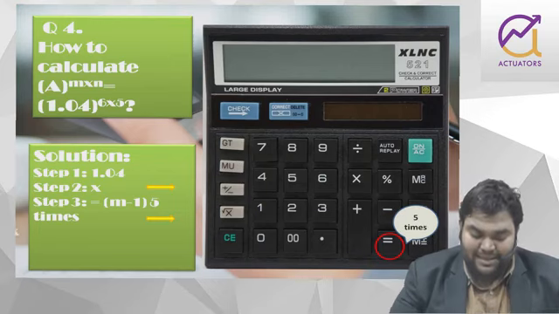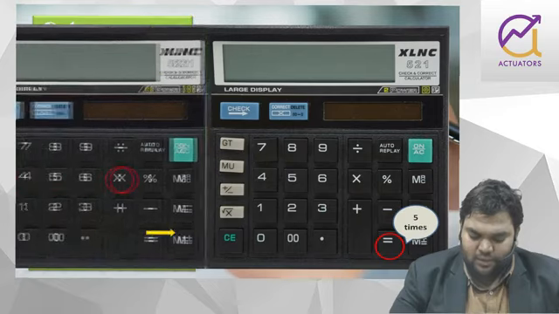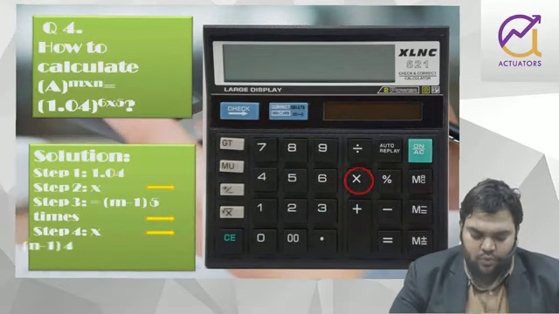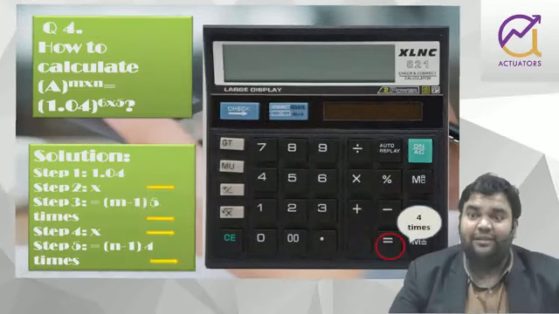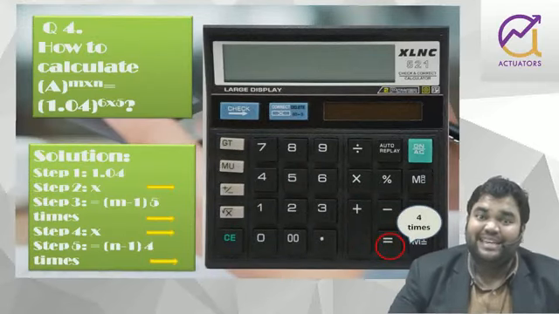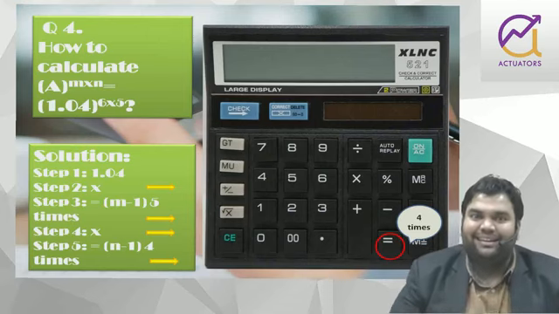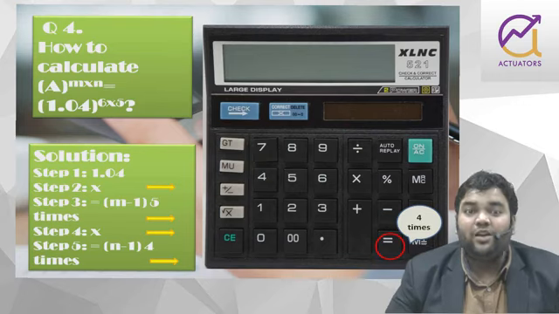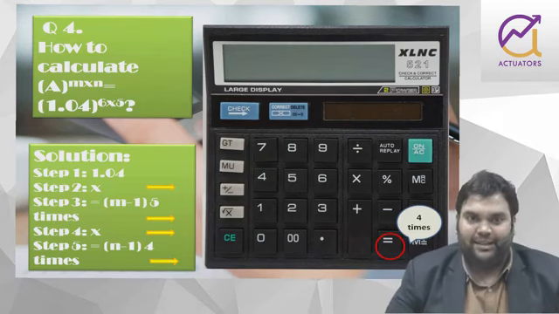Next, again press into and then press equals to 4 times. Now we have calculated 5 as the power of 1.04 to the power 6. The entire result is going to give me 1.04 whole to the power 30.